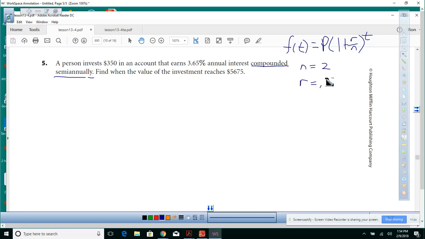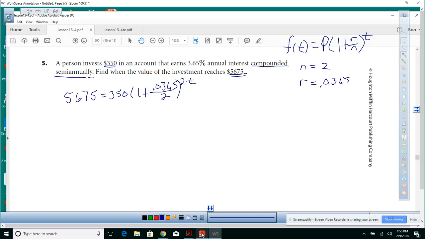Our rate is 0.0365, and we want to find when it equals 5,675. So 5,675 equals 350 times 1 plus 0.0365 over 2, to the 2 times t.